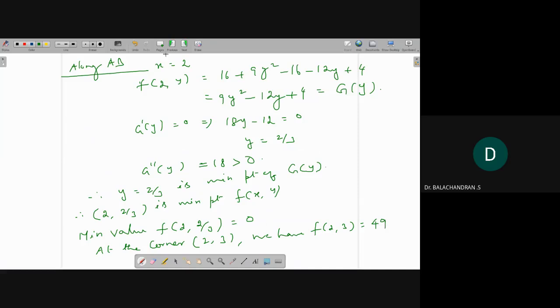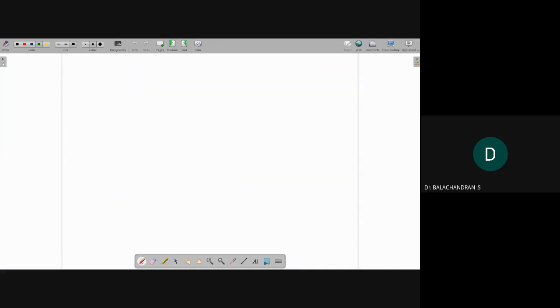Okay. So now along BC, here y equal to 3. Now f of x comma 3 equal to 4x square minus 8x plus 49.